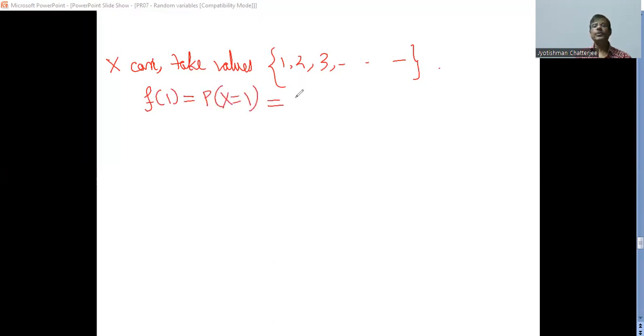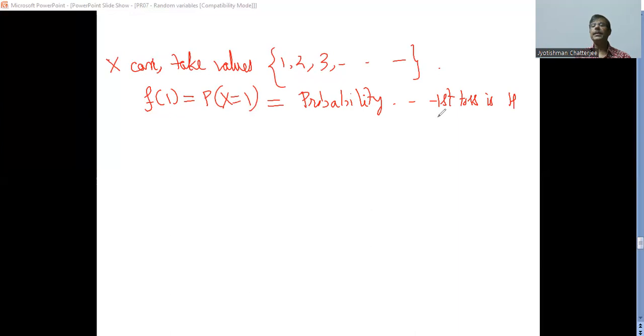Which outcome corresponds to this? That means the probability that the first toss is head. Then only capital X will be equal to 1.